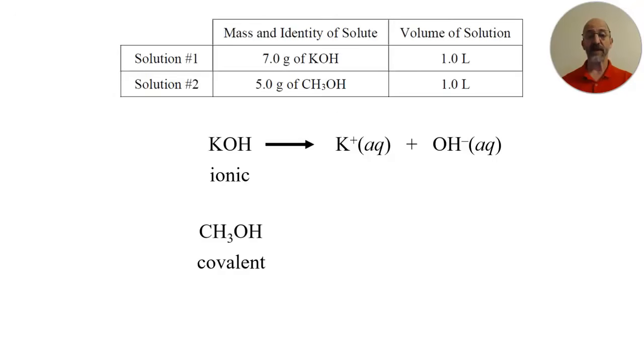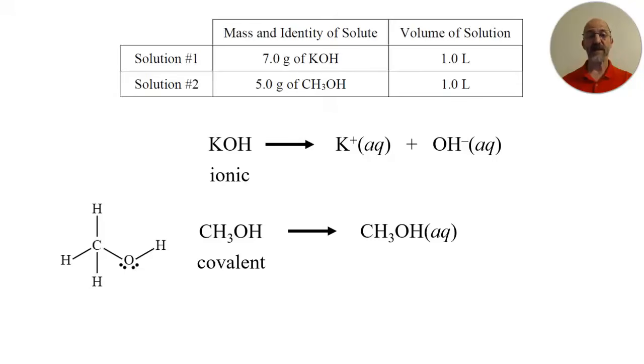Now, you might be thinking, does CH3OH split up into ions in the same way? And the answer is no. So there's the Lewis diagram of CH3OH. When that carbon is bonded to oxygen, that is not going to break up into ions such as CH3+ and OH-.